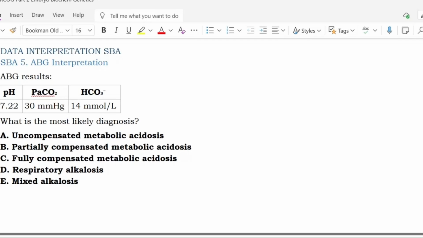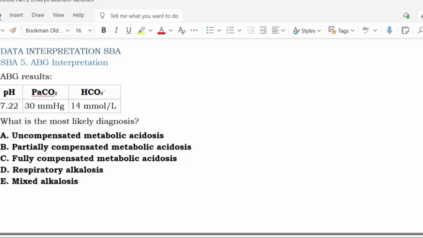The normal PaCO2 is 40 millimeters of mercury, and here it is decreased. Bicarb normal is 22 to 24, and here it is also decreased, and pH is decreased.